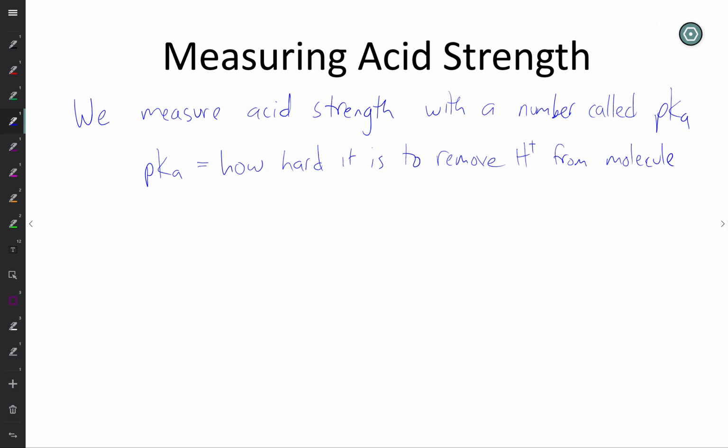So what that means is, if something has a high pKa, will it give away H plus easily? High pKa won't give away H plus easily, which makes it a weak acid. So a higher pKa means a weaker acid.